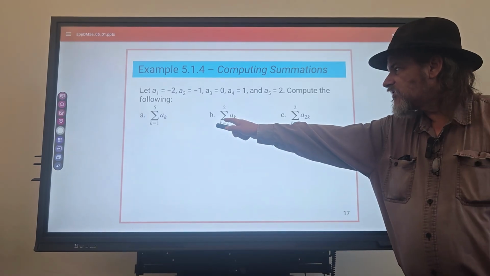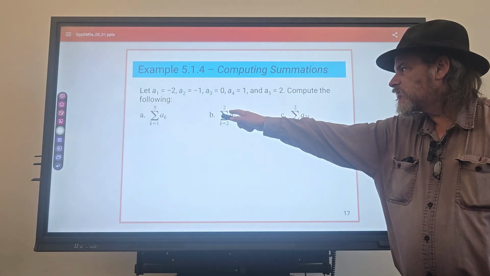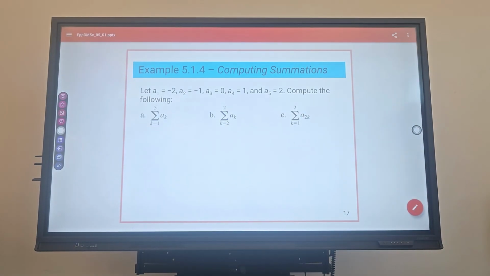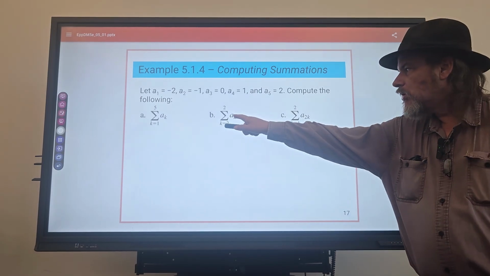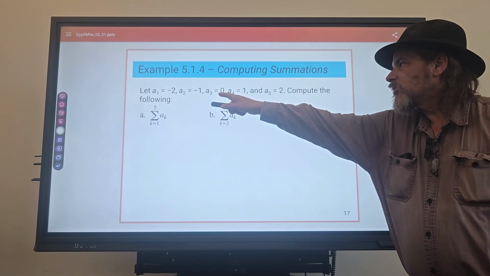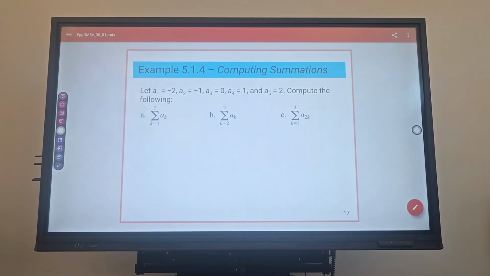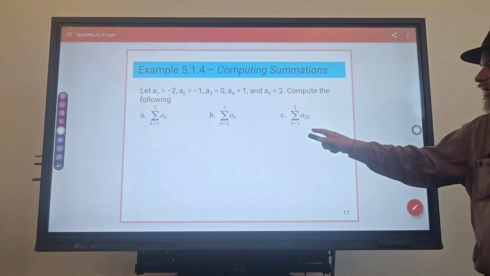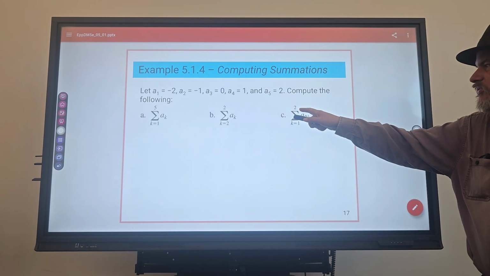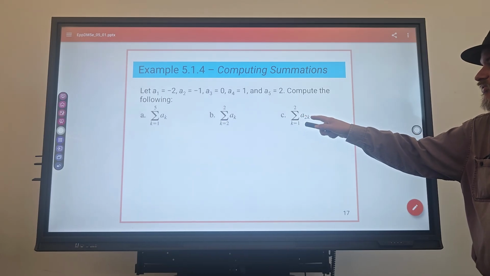When the starting index and the ending index are the same, it's just the value of that one element. So it would be a sub 2, which is minus 1. And k from 1 to 2, the sum of a sub 2k.